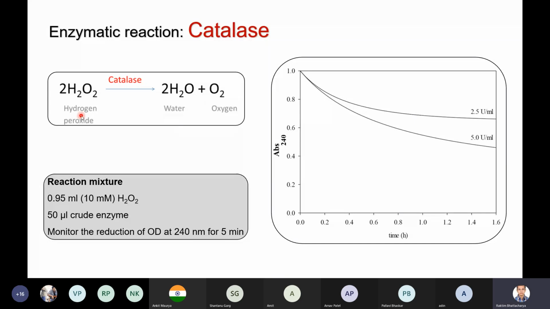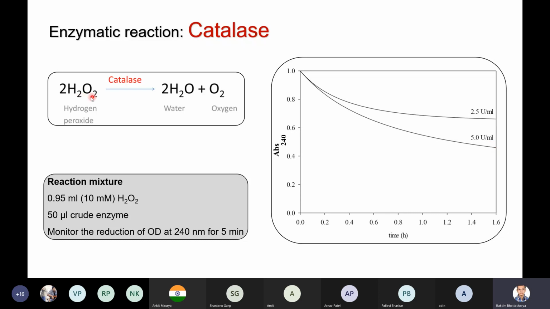So what we are going to do is take the reaction mixture, with our target compound hydrogen peroxide, and 50 microliter of the crude enzyme extract that we extracted earlier. Then for 5 minutes, we'll monitor the OD. After 5 minutes, this absorbance will come down. Why?